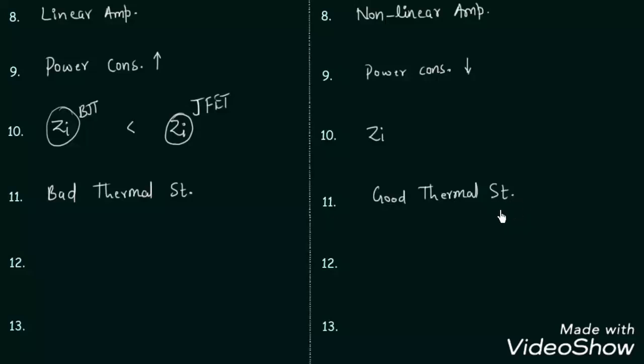If we talk about gain, then the gain of bipolar junction transistor is high and the gain of JFET is low. The sensitivity of BJT is low as compared to the sensitivity of JFET.